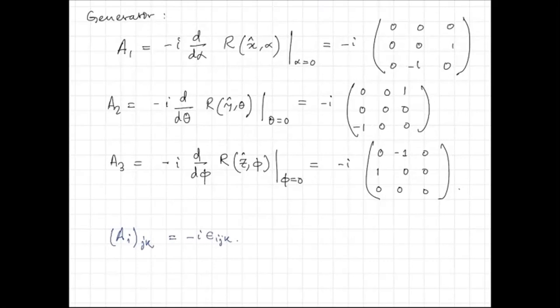For example, you look at (A_1)_jk, and that is given by the thing that you have out here. And it should be obvious that this is (A_1)_23. So this is 1, and that's the plus 1 that you have out here, okay? So that's very good. That's what this is saying.